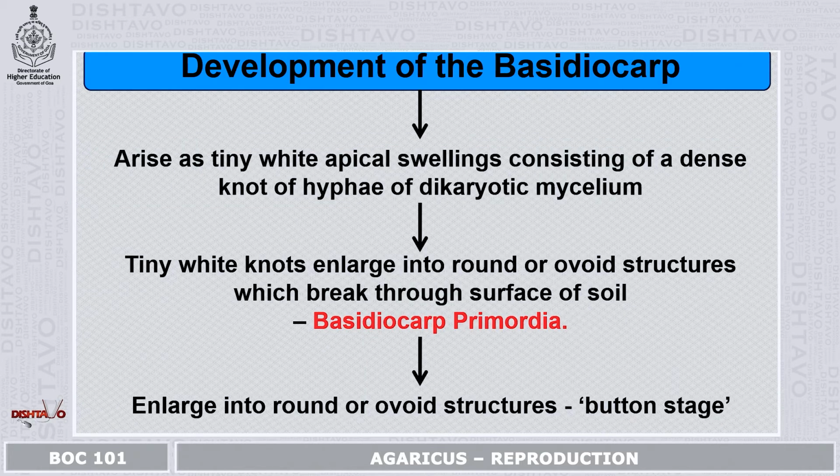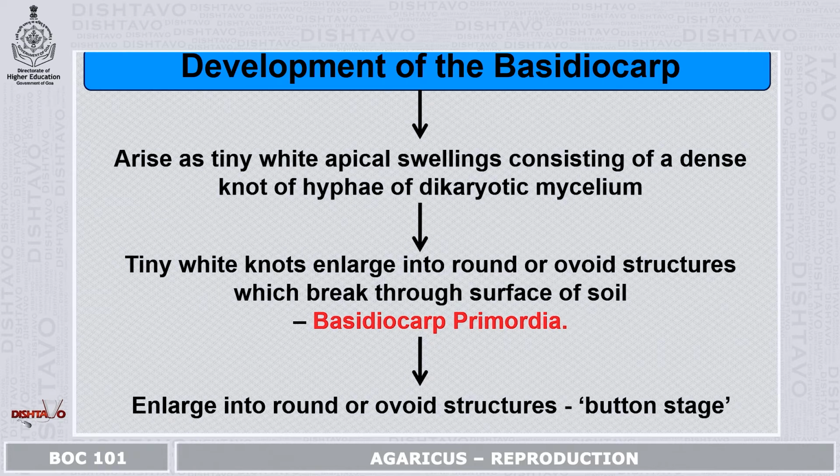Now let us see the development of the basidiocarp. The development of the basidiocarp takes place by subterranean mycelium called the rhizomorph. It arises as thin, tiny, white apical swellings consisting of a dense knot of hyphae of dikaryotic mycelium.